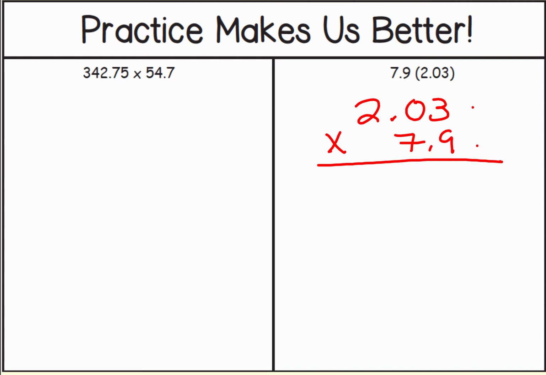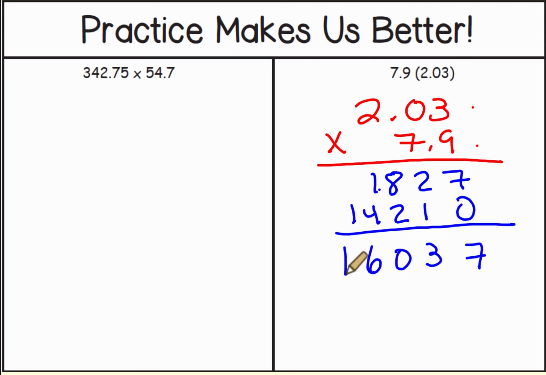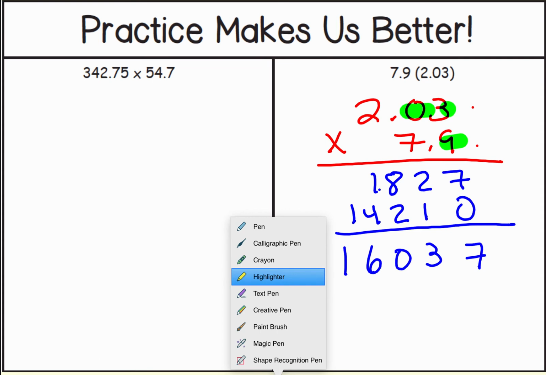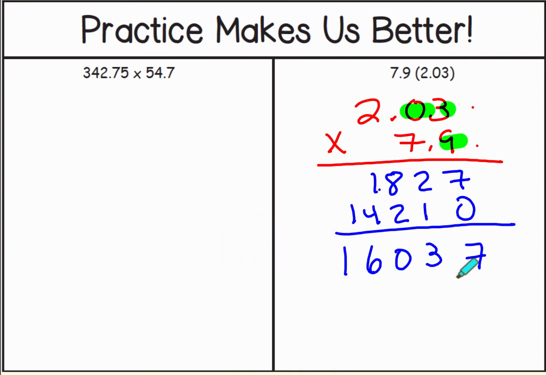And it's okay to do that. So then multiply. And then we count our digits to the right. 1, 2, 3. And then we move. 1, 2, 3. So our product is 16 and 37 thousandths.